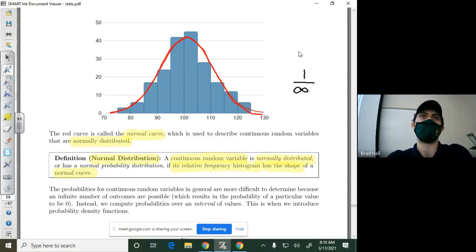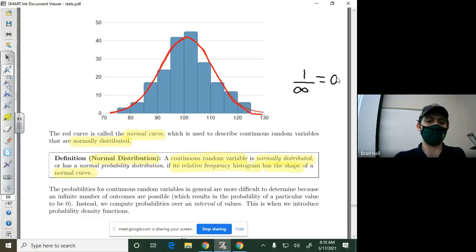Okay, so because of that, 1 divided by infinity really comes out to 0, which you don't have to know why, that's a calculus thing.